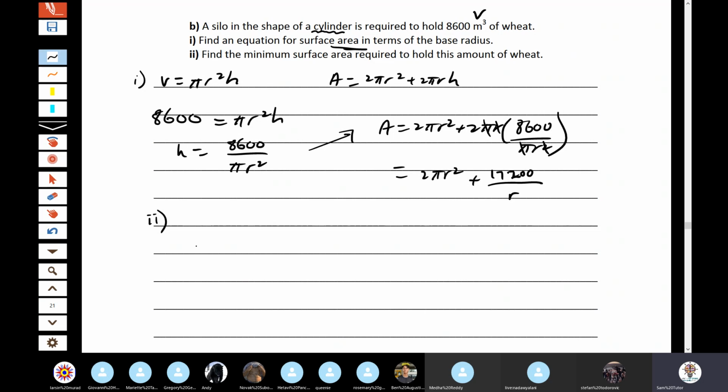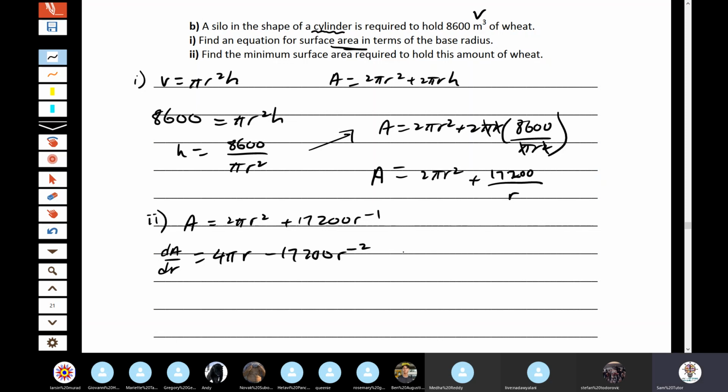What's the only thing I don't like about A before I start? I don't like that r in the denominator, exactly. So let's just fix that up, and happy days. dA/dr equals 4 pi r minus 17,200 r^-2.